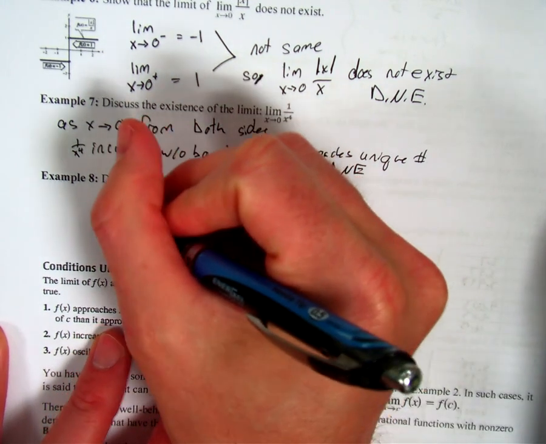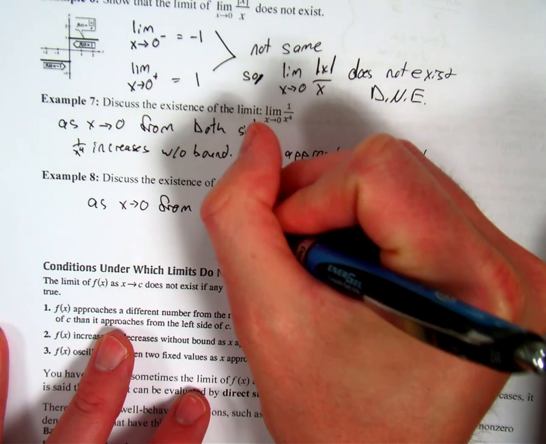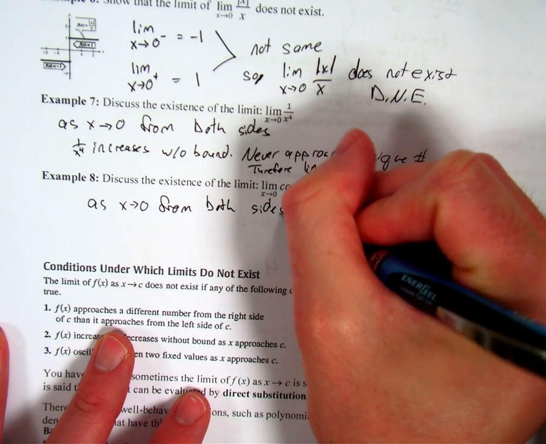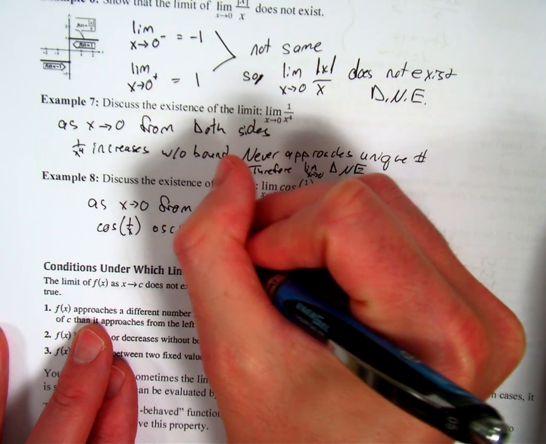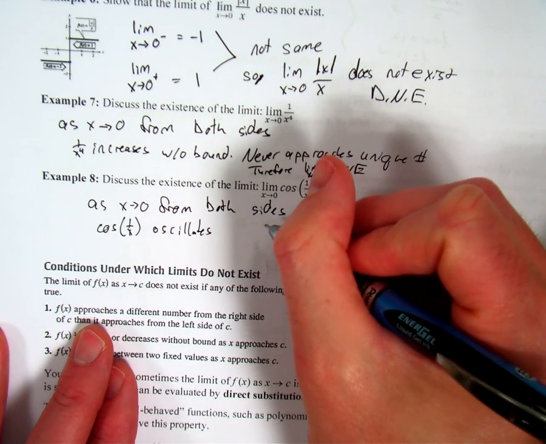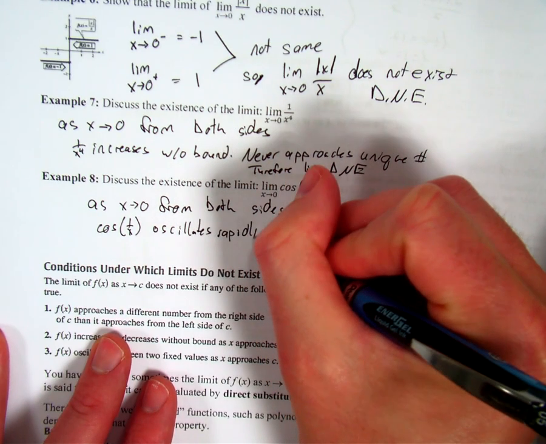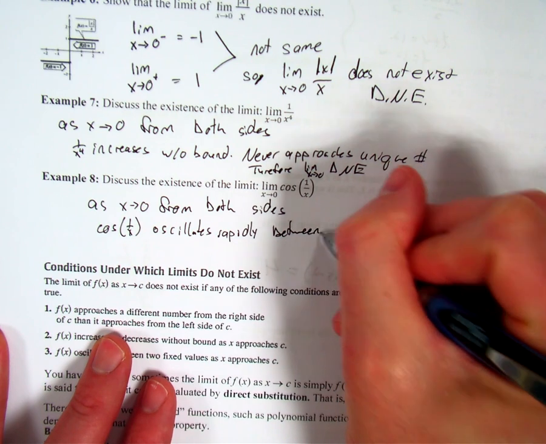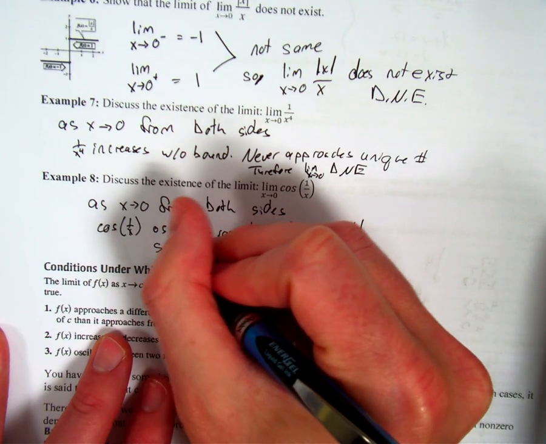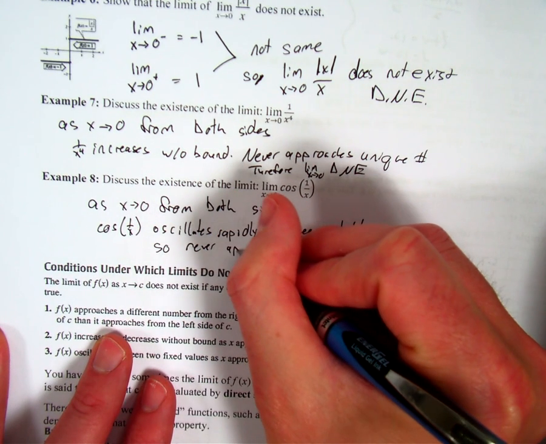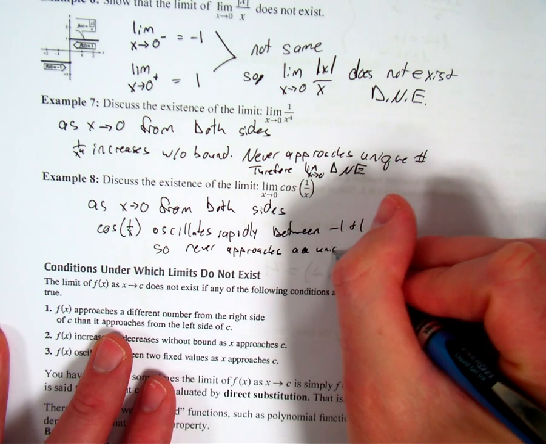Another reason where the limit would not exist. As x approaches 0 from both sides, fancy word, cosine of 1 over x oscillates, bounces back and forth rapidly between -1 and 1, so never approaches a unique number.